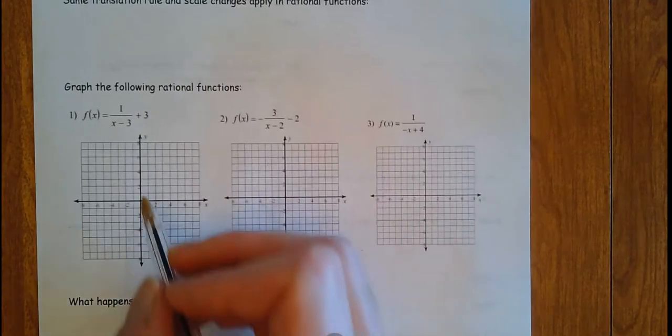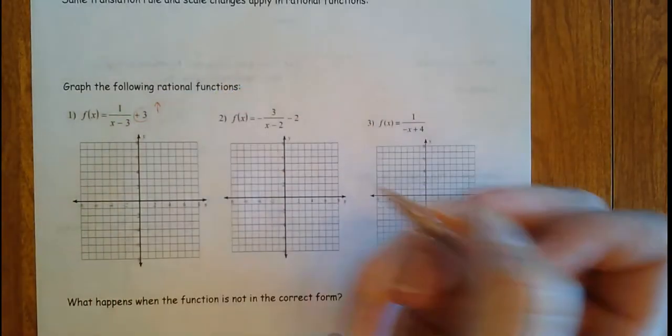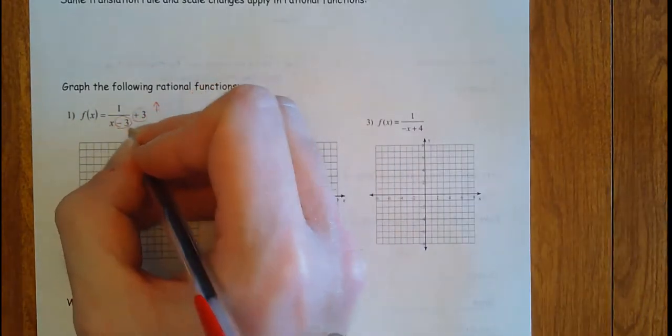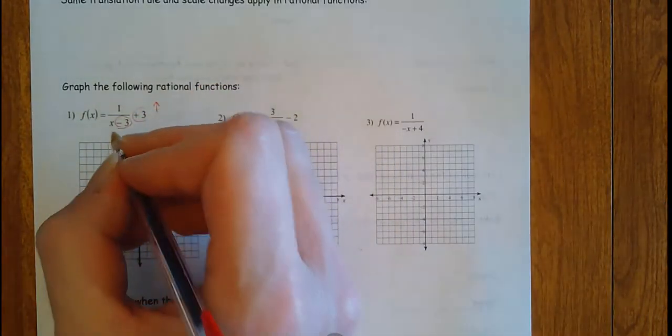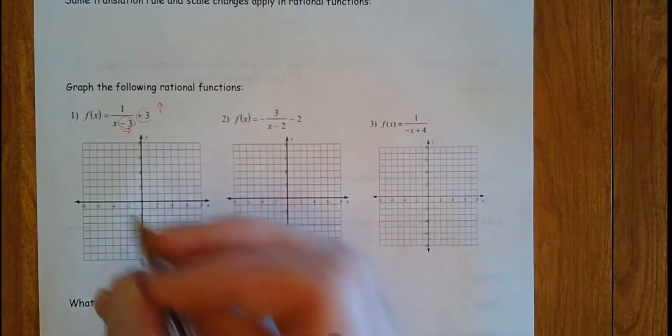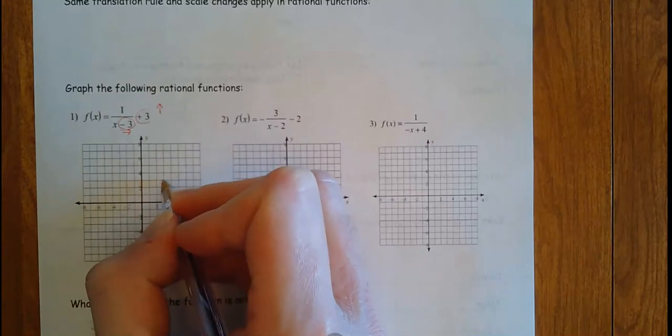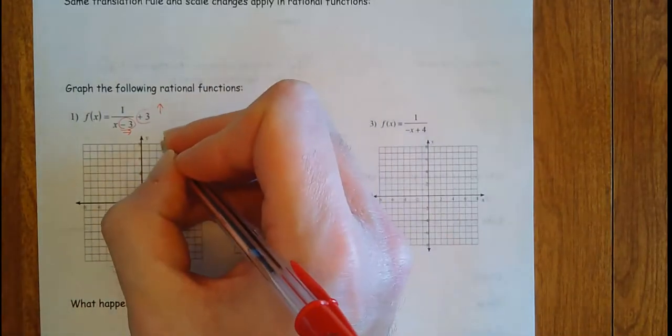And you get down here and this guy here, you can't really do it. So we could just say that this has a +3 on the end, so that is up 3 units. This has a -3 inside with the x, so minus means right. So you could just take that graph from the front, where the asymptotes were like crosshairs at the origin. We'll go up 3 and go right 3. Make your crosshairs with it.